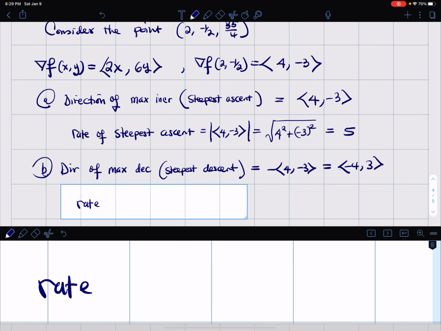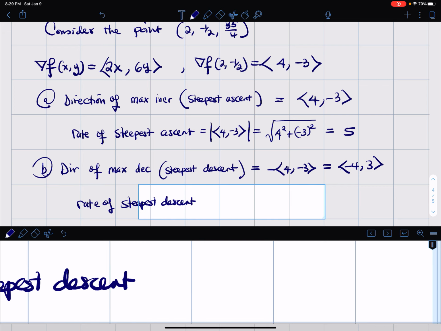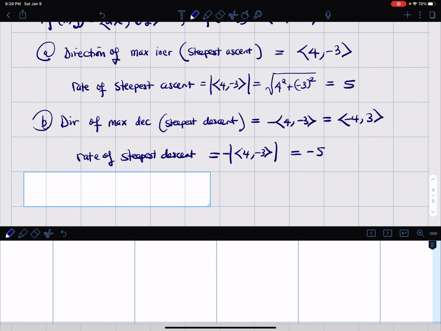The rate of steepest descent is negative 5, all right? Because it is the negative magnitude of 4, negative 3, so it's just going to be negative 5. Okay.